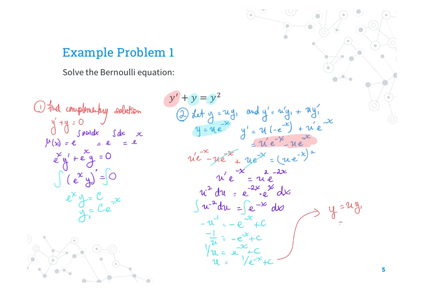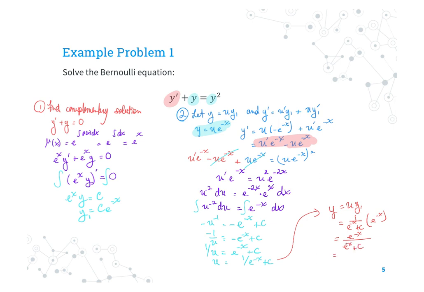Well, u is 1 over e to the negative x plus c, and y1, we just said, was e to the negative x. So we put our e to the negative x here, and we end up with e to the negative x over e to the negative x plus c.